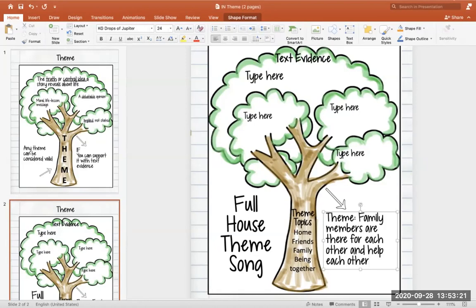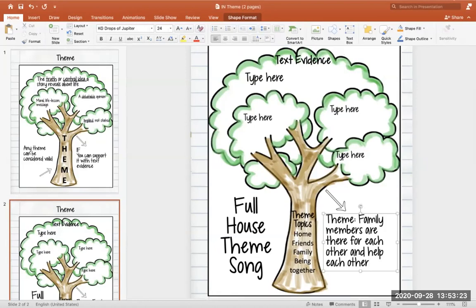When I told you to start listening really closely, those are some of the text evidence I'm going to use. It kept saying, everywhere you look, and one of those lines was everywhere you look, there's a heart. I'm going to use that as text evidence because I take the heart as somebody out there who loves them.